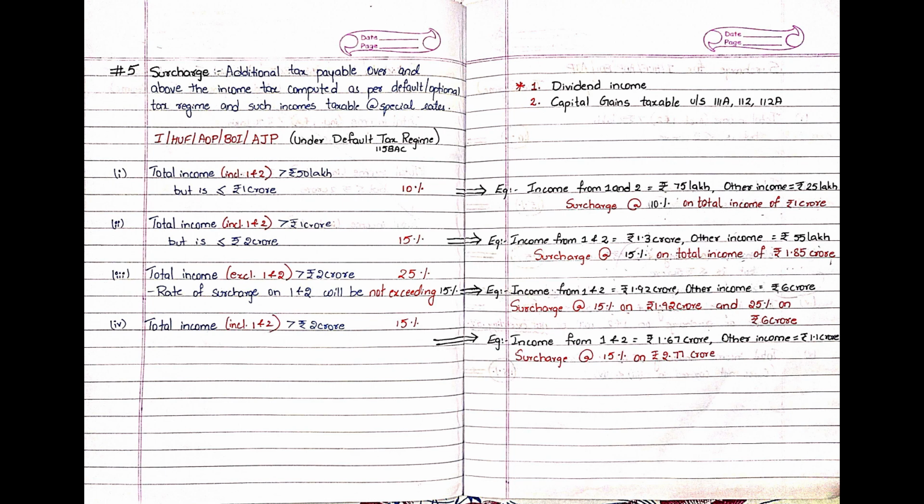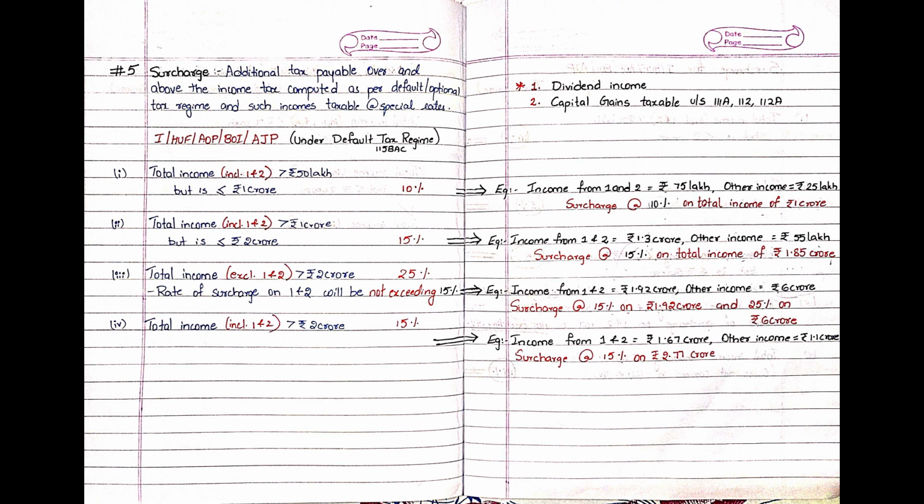For individual, HUF, AOP, body of individuals or artificial juridical person who are opting to pay tax under the default tax regime of 115BAC, if their total income exceeds rupees 50 lakh, the total income includes 1 and 2. Here 1 means dividend income and 2 means capital gains taxable under section 111A, 112, 112A.